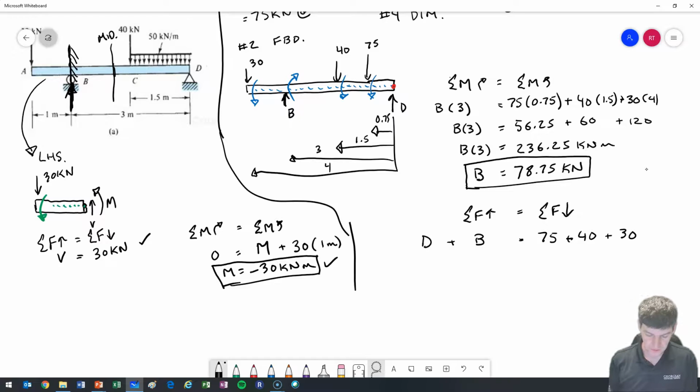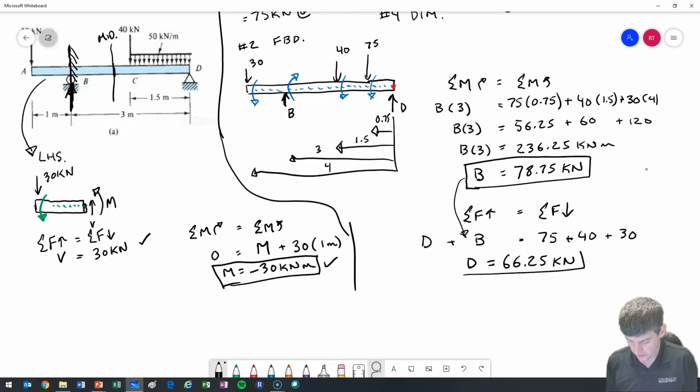So that was as I moved left to right across that beam. I'm going to substitute B in down here, and what I'm going to have is D is equal to 75 plus 40 plus 30 minus 78.75, 66.25 kilonewtons.